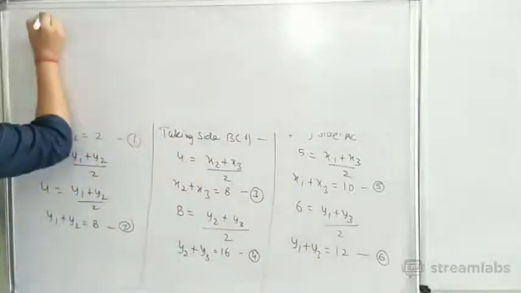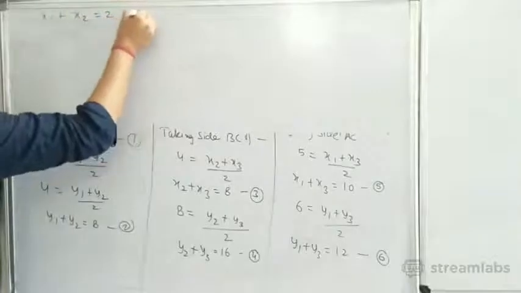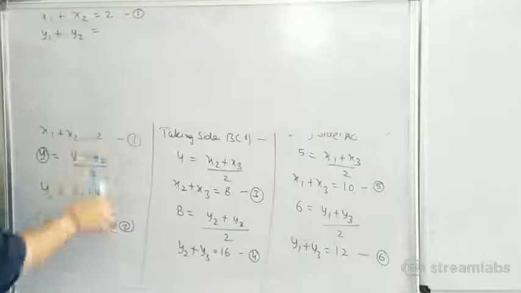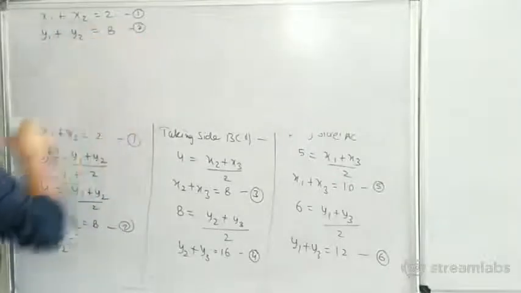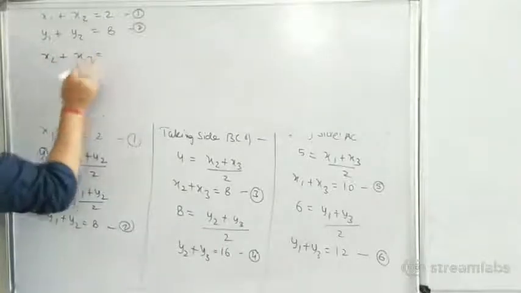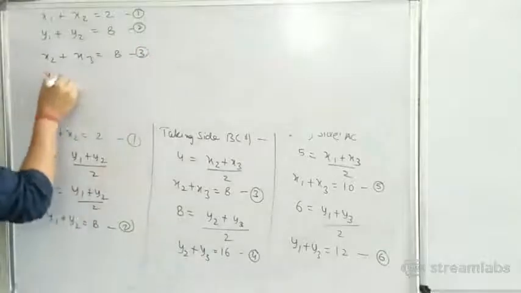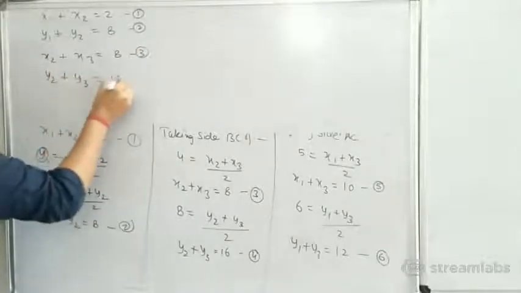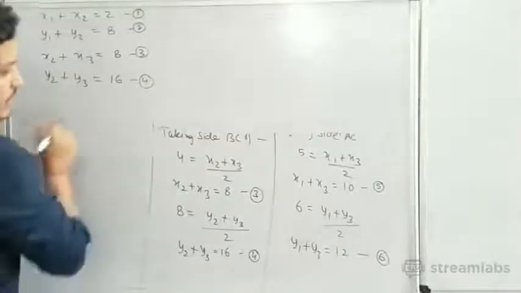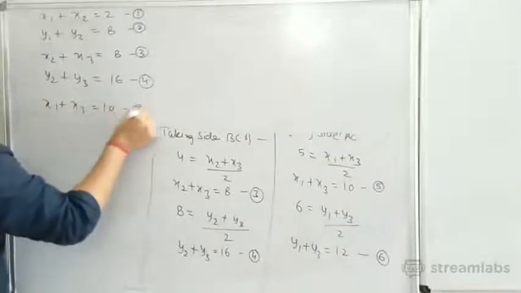Write all the equations first. x1 plus x2 is equal to 2, equation number one. Next, y1 plus y2 is equal to 8, equation number two. Next, x2 plus x3 is equal to 8, equation number three. Next, y2 plus y3 is equal to 16, equation number four. Next, x1 plus x3 is equal to 10, equation number five.